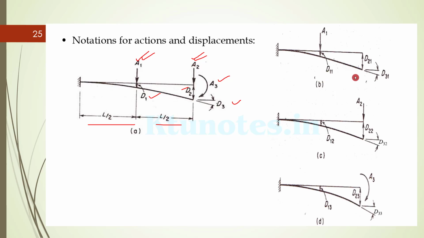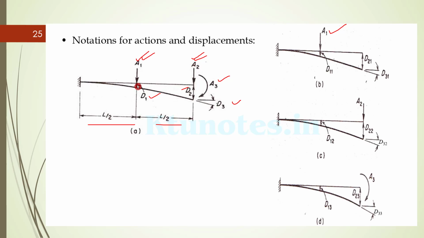We are splitting this full beam action-wise. In the first figure only A1 is there. Please note that D1, D2 and D3 always have some influence from A1, A2 and A3.